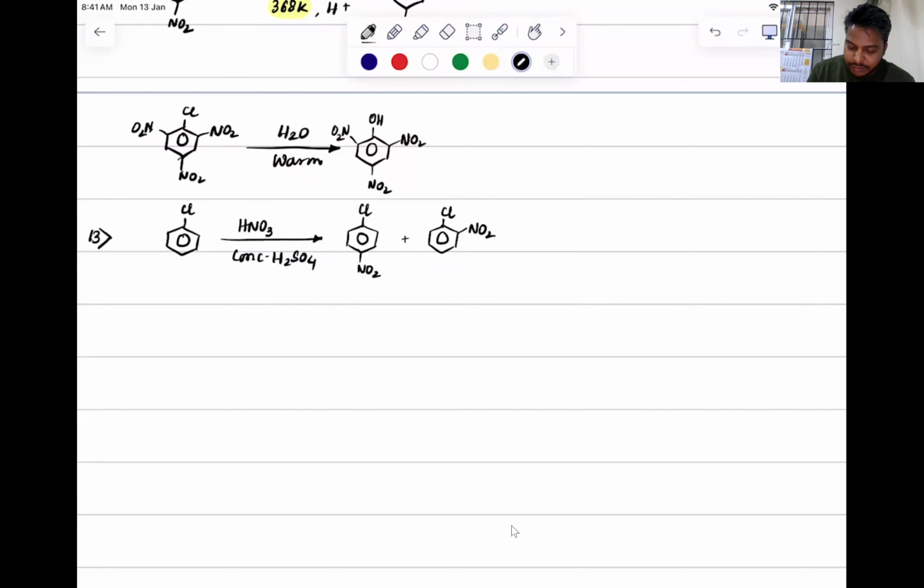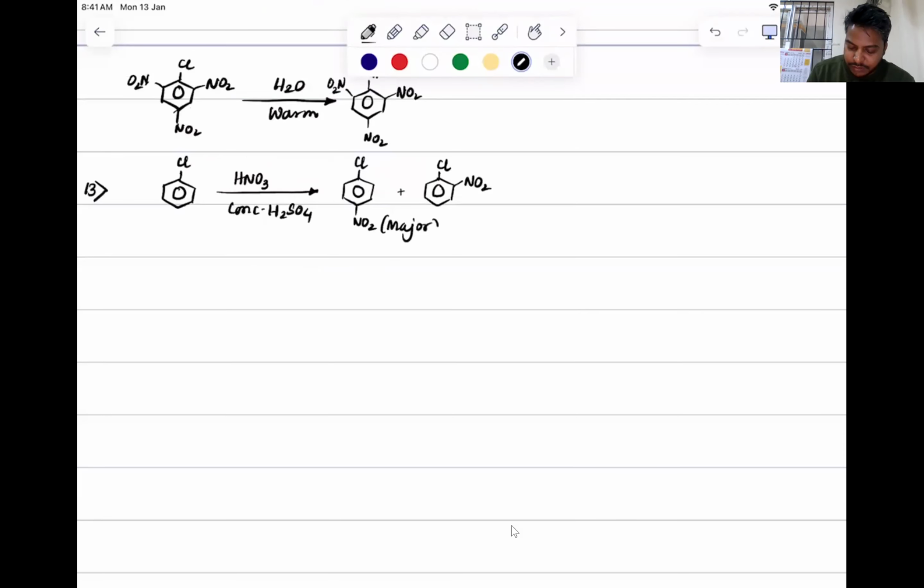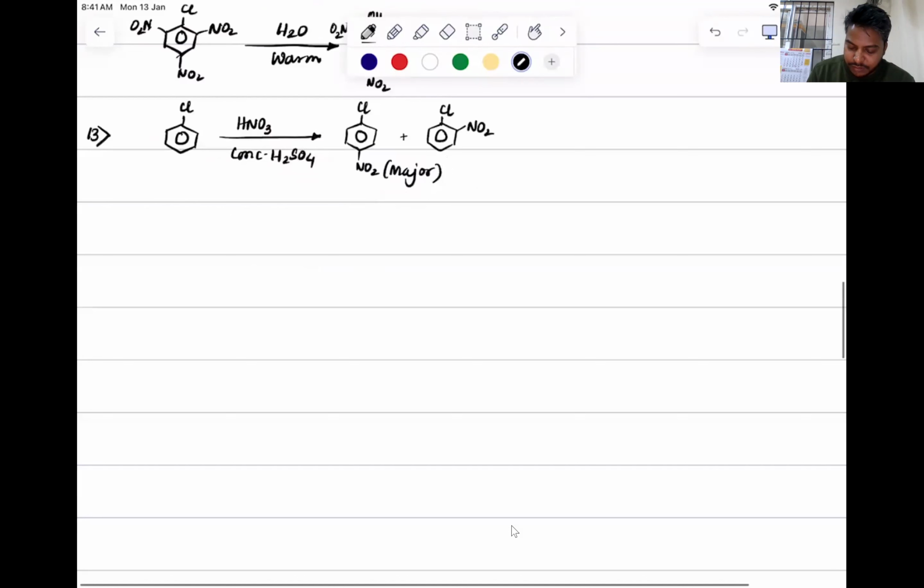So this is the major product. This is a simple nitration reaction. Got it? And similarly, in this reaction, we can have Friedel-Crafts alkylation, where we use CH3Cl.